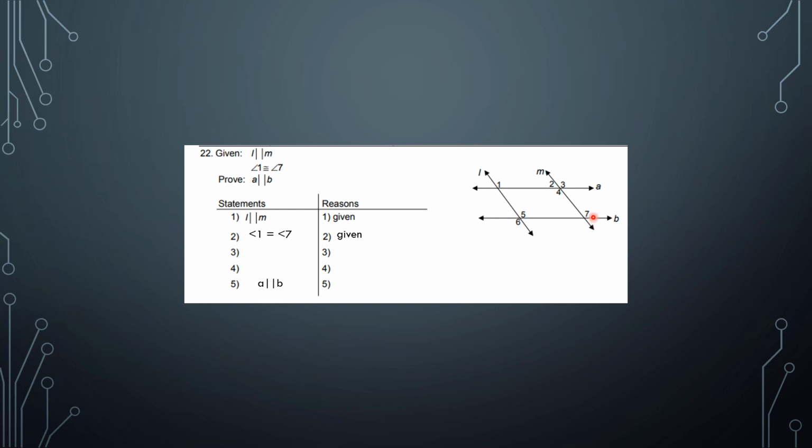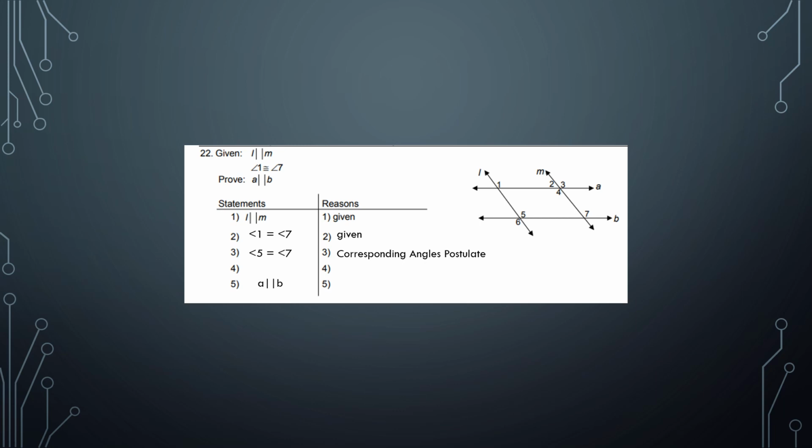So now I'm looking at angles 7 and 5, because since these 2 lines are parallel, 7 and 5 are going to be corresponding angles. And since we have corresponding angles with 2 parallel lines, we can say that they're going to be congruent because of the corresponding angles postulate. Again, corresponding angles are only congruent if the lines are parallel. Well, they gave us that the lines are parallel, so the corresponding angles are congruent.